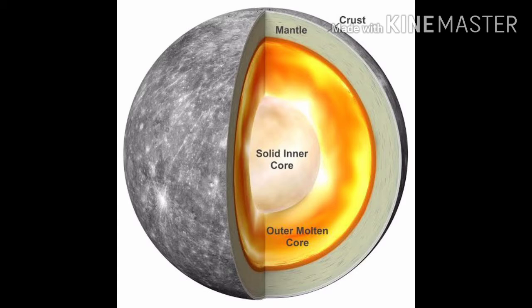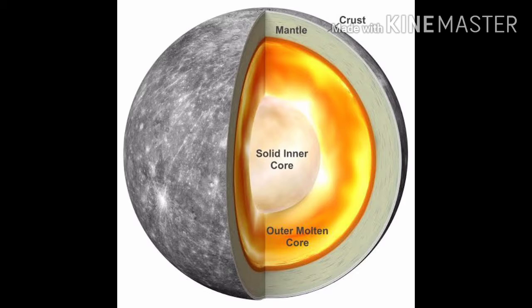The crust is the uppermost layer of the earth, the mantle is the middle one, and the core is the innermost layer of the earth, and has a radius of about 3500 kilometers. It is the most inaccessible layer lying around the center of the earth.